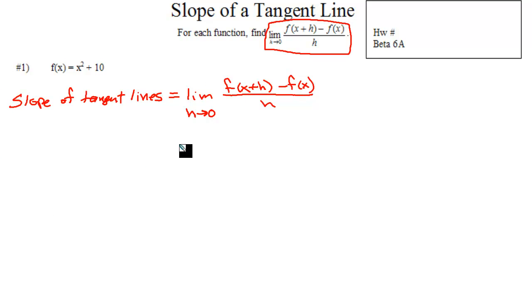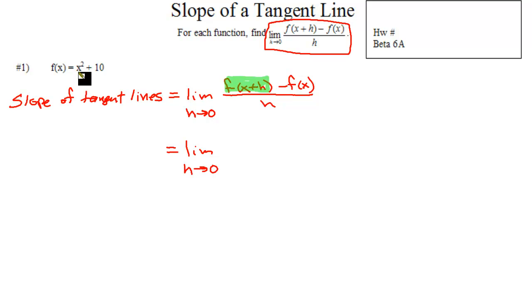So here at the beginning, we are supposed to take the limit as h approaches 0. We're supposed to take this part right here, put x plus h into the original function.